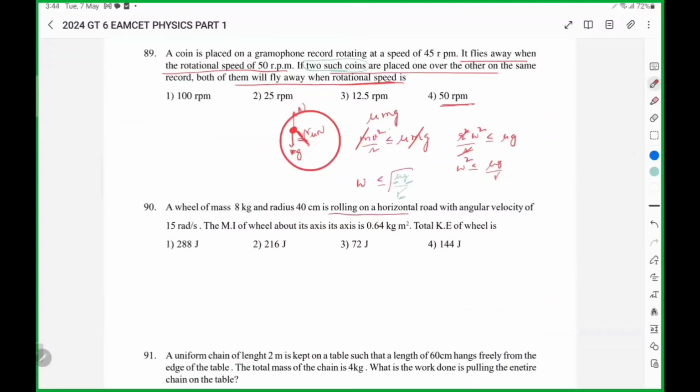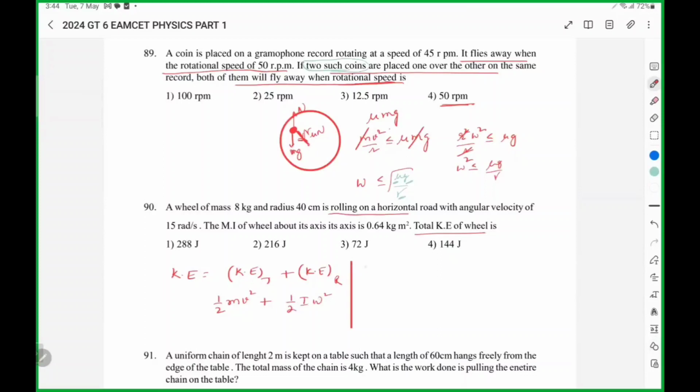Once a body is rolling on a horizontal road, the kinetic energy of the wheel will be kinetic energy due to translation plus kinetic energy due to rotation, so it is half m v squared plus half I omega squared.